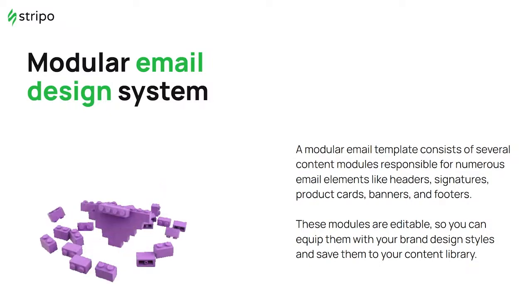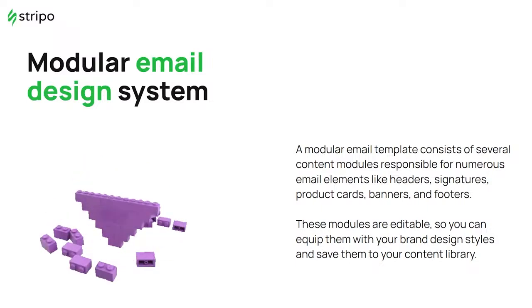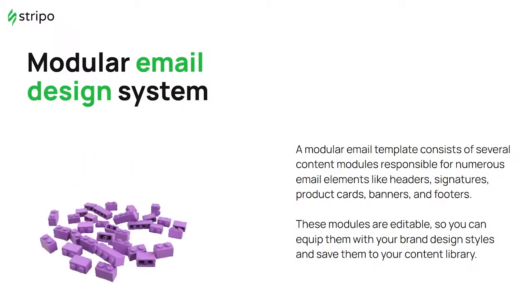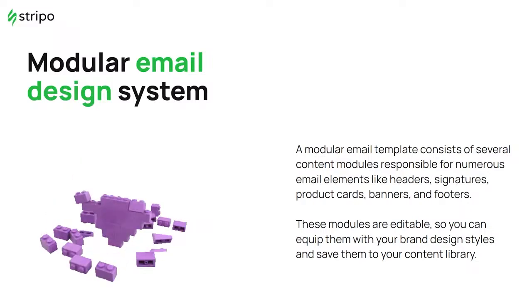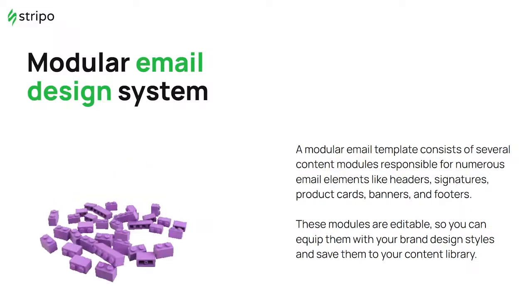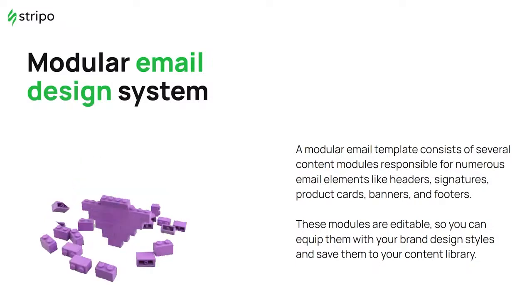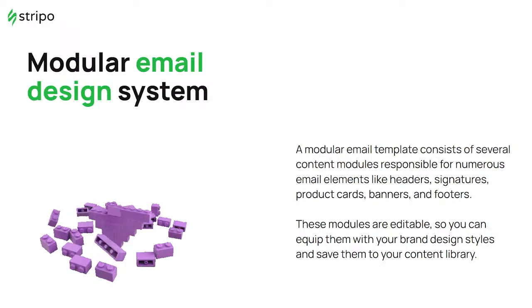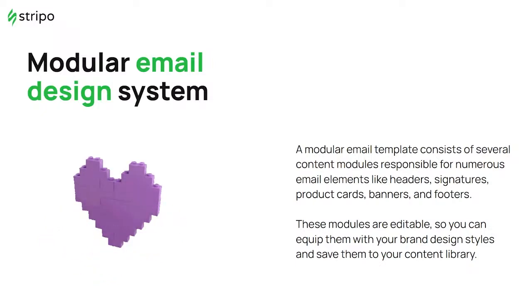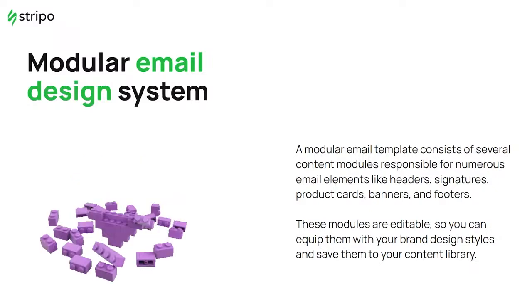A modular email template consists of several content modules responsible for numerous email elements like headers, signatures, product cards, banners, footers, etc. These models are editable, so you can equip them with your brand design styles and save them to your content library.